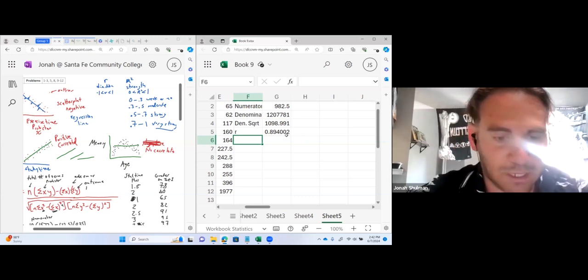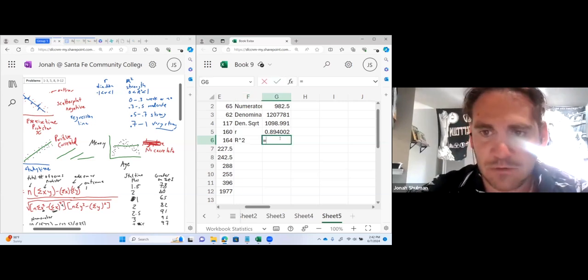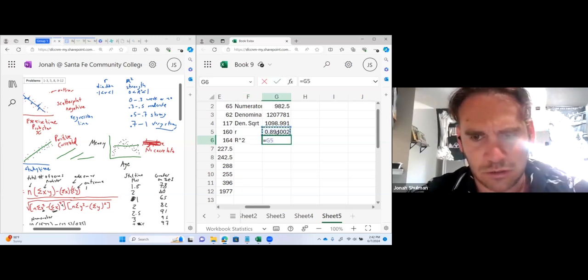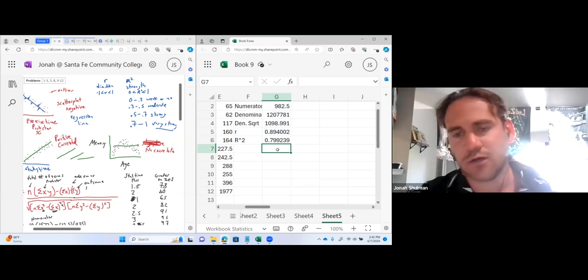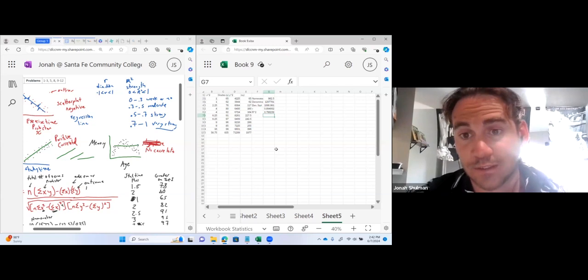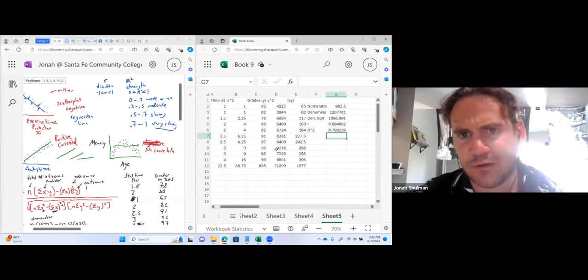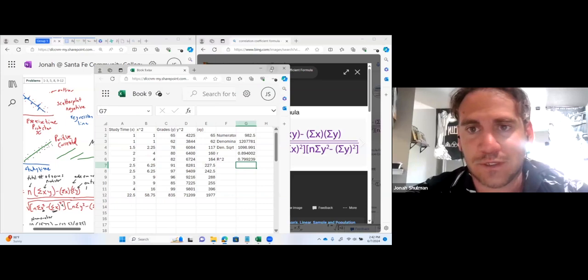So how do we do R squared? Well, we got R. So to get R squared, all I have to do is multiply times itself. It's going to be a little less strong than I thought. 0.799, still very strong. So we got our R squared. Now, that was a ton of work, but we got our R value. Now, what is the good thing about programs and stuff like this?